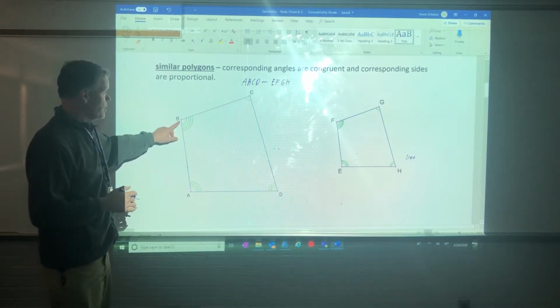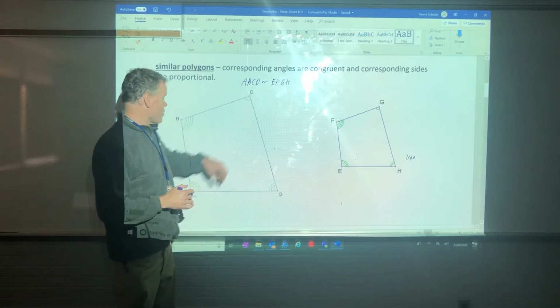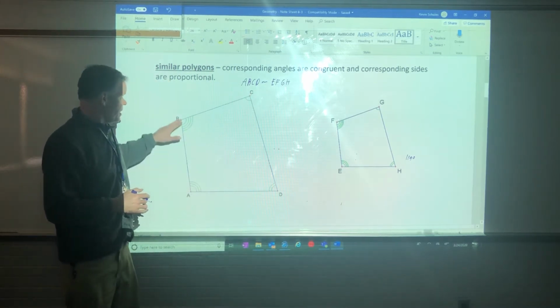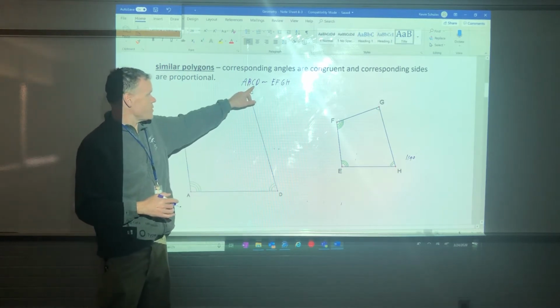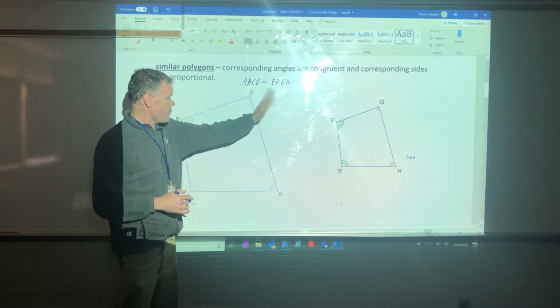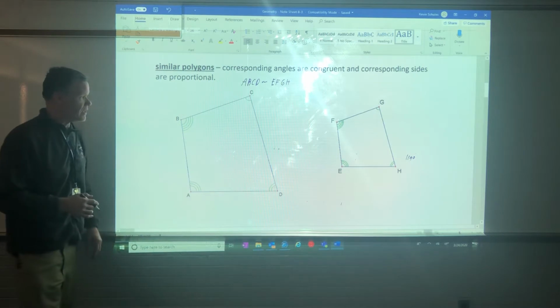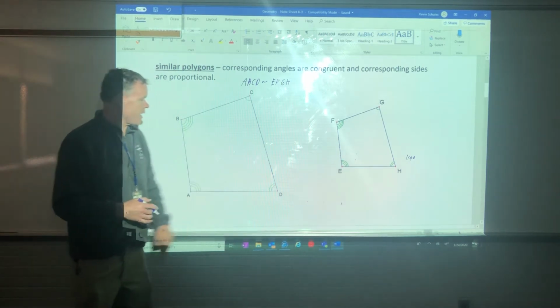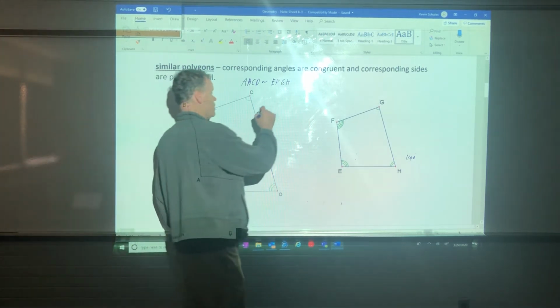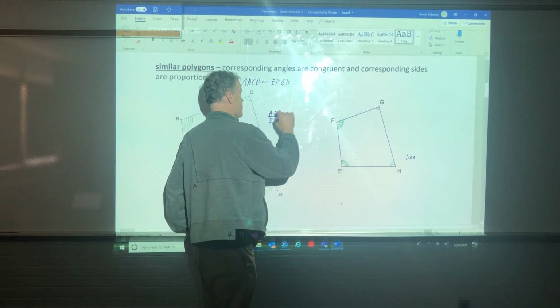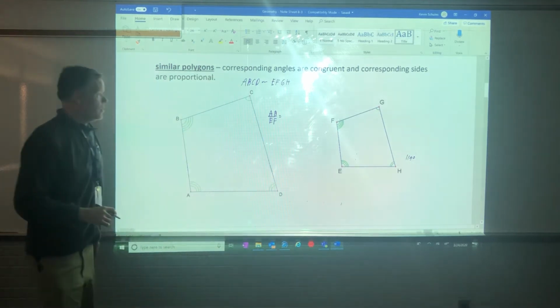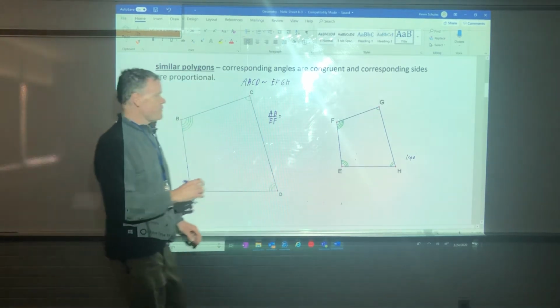The proportion ratios of AB over EF are going to equal BC over FG, and we'll work it all the way around. So let's line this up. Okay, we know that AB over EF is going to equal BC over FG.